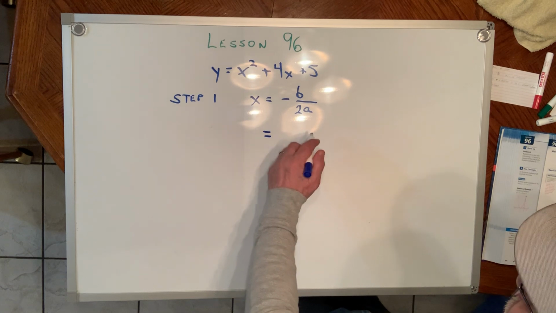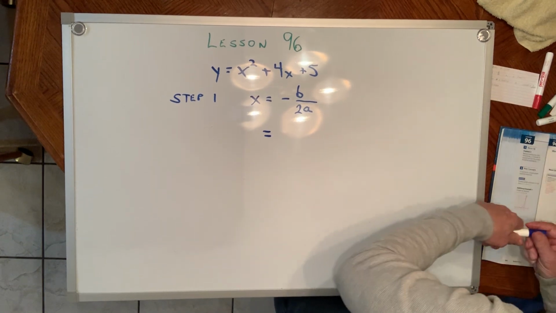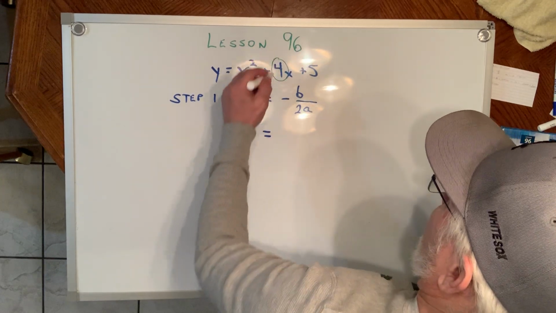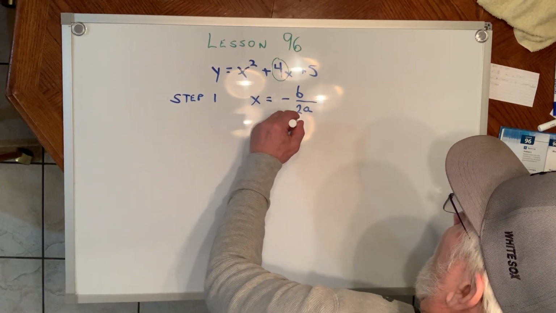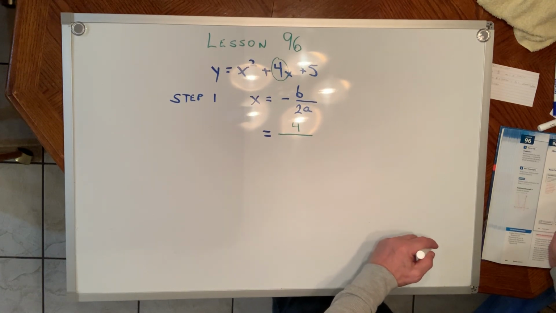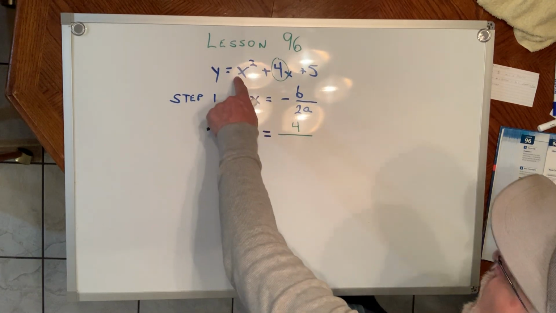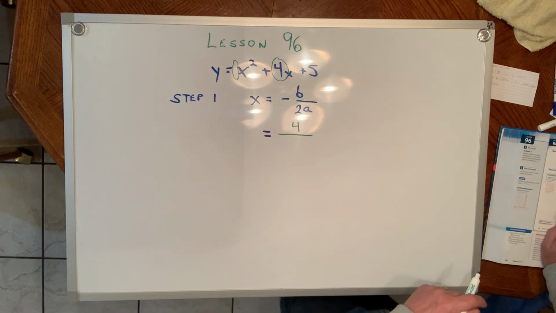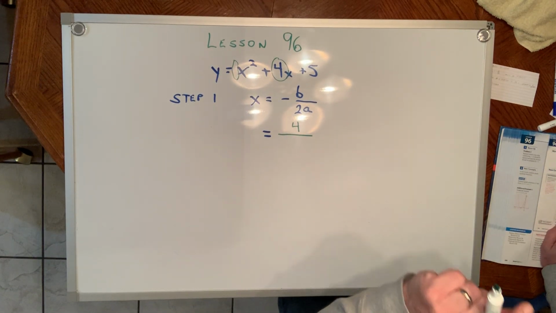Okay, b is actually this right here, if you remember. So we get 4 over, and a, if you can remember, would normally go right here, but since there isn't anything, that means that would be 1.